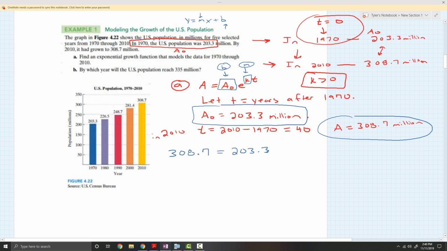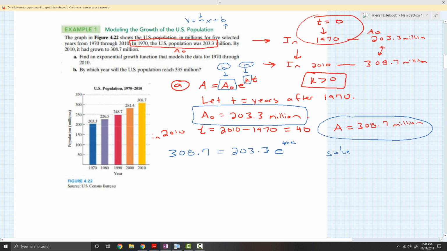And then I'm going to have e raised to the tk. So t was 40, so this would be 40 times k. So this is what we know. We need to solve for k.